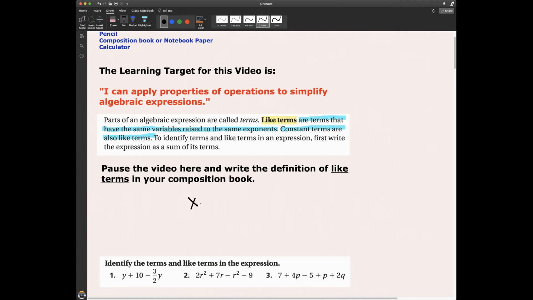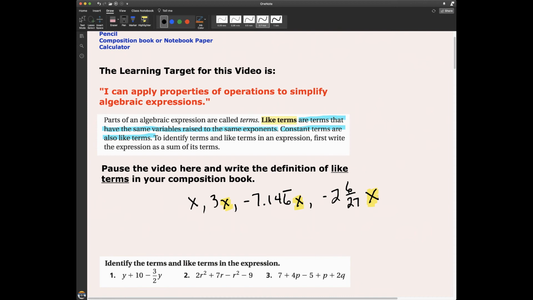So x and 3x and negative 7.146 repeating x and negative 2 and 6/27 x are all like terms. And the reason they're like terms is because they all have the same variable, x, raised to the same exponent.